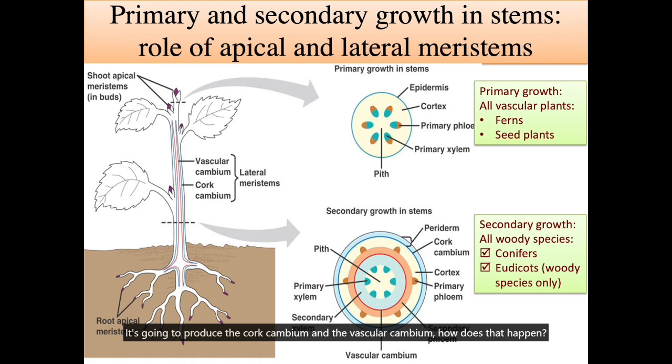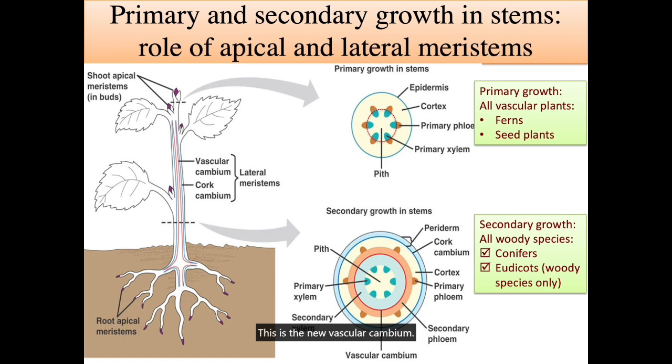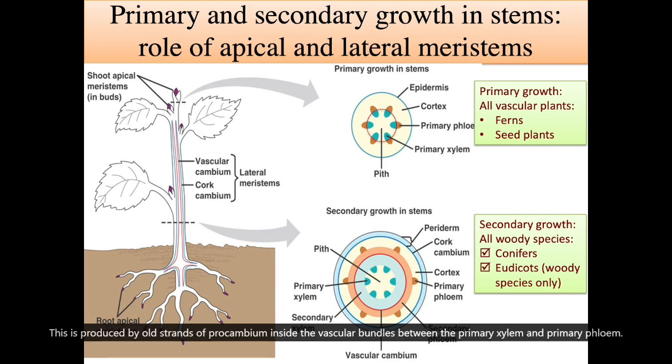How does that happen? Well, first of all, have a look at this. Look at the upper right. I've drawn a circle here through the vascular bundles and in the cortex between the vascular bundles. This is the new vascular cambium. This is produced by old strands of procambium inside the vascular bundles between the xylem and the phloem, the primary xylem and primary phloem.